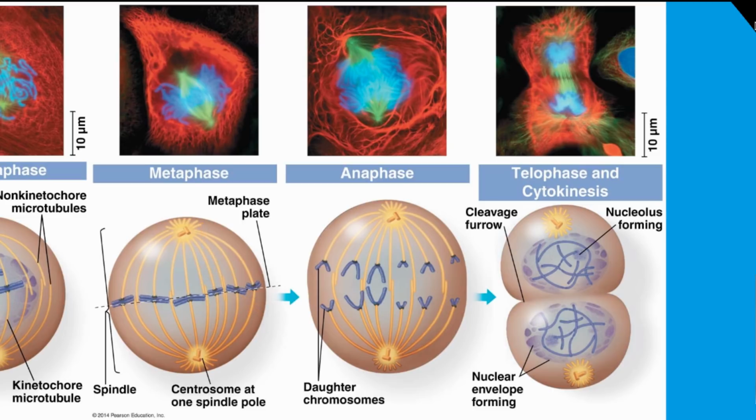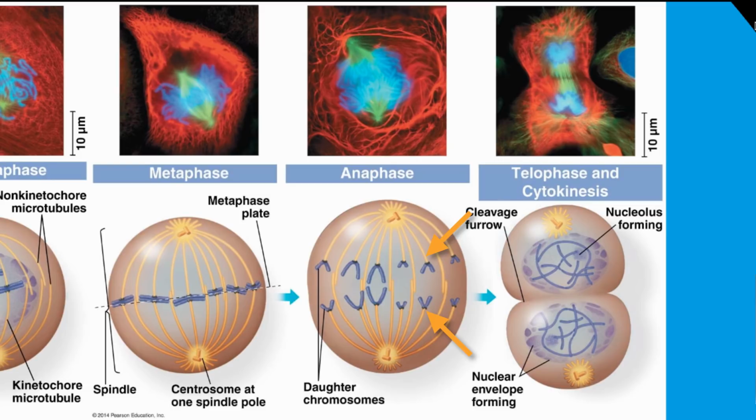First, they will get all the chromosomes lined up along the center of the cell, and that is very important in cell cycle progression. Once all of the chromosomes are all lined up, the spindle fibers will begin to shorten, and that will pull the sister chromatids apart.